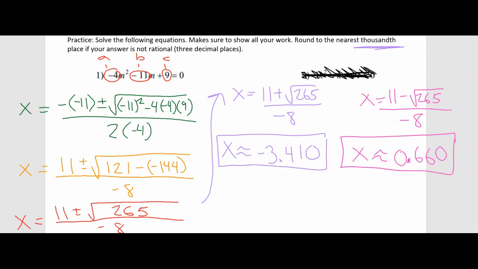Now, if you simplified this radical before you punched everything into your calculator, you would want to go to 4 decimal places. For instance, if you did x is equal to 11 plus, and then you punched in the square root of 265 to get 16.2788, you would want to go to 4 decimal places.